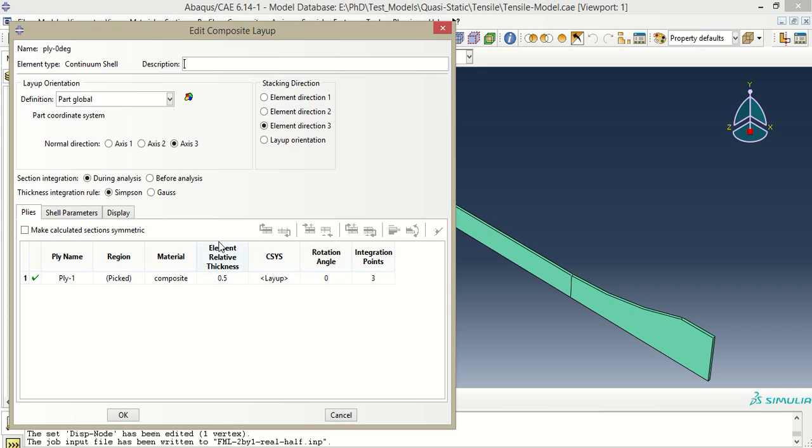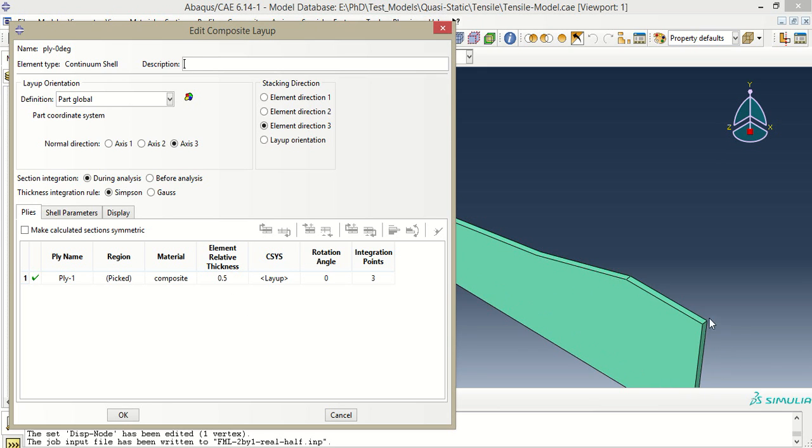This is relative element thickness, that means how many elements there are along the thickness direction of the composite. I have created 2 elements, so relatively that makes it 0.5, and this is the globally oriented coordinate system. Angle of rotation in this is 0, and the integration points are 3.